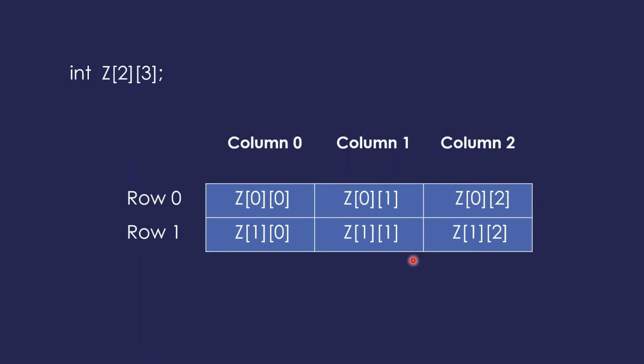And to access this position, we use Z[1][1], where 1 is the row index and 1 is the column index. To access this position, we use Z[0][2], where 0 is the row index and 2 is the column index. Likewise, by using this method, we can access the elements of a 2D array.